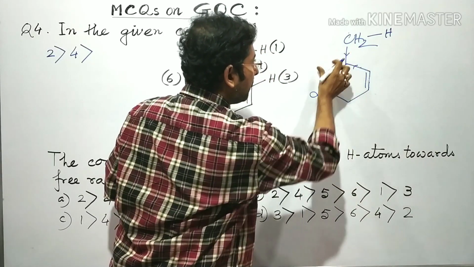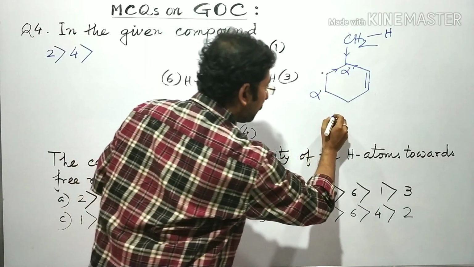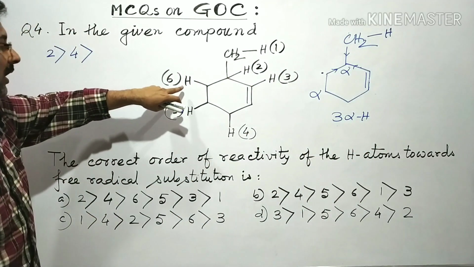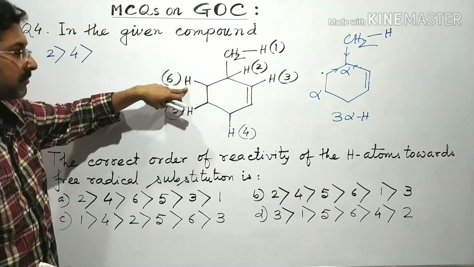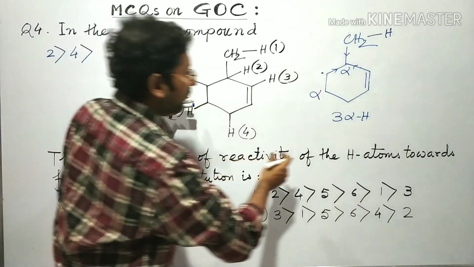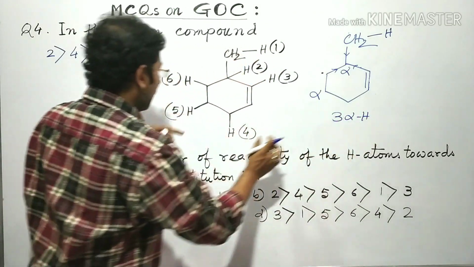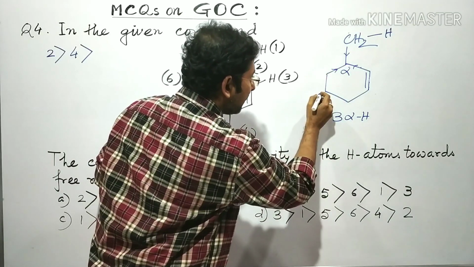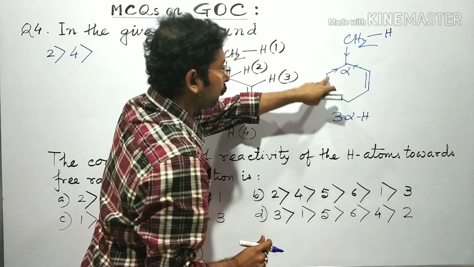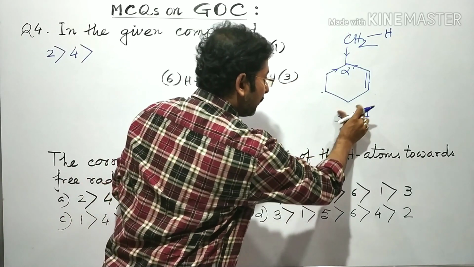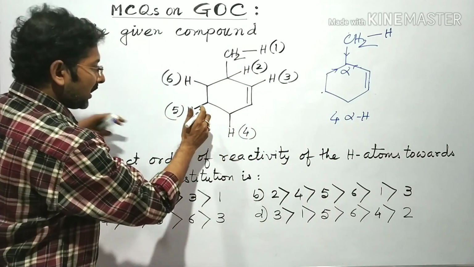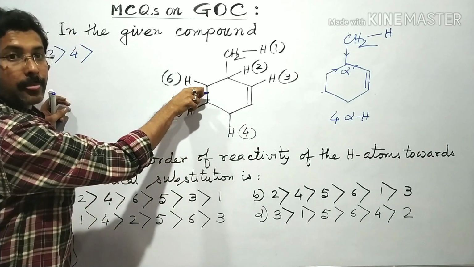So there will be 3 alpha hydrogens with respect to the hydrogen assigned as number 6. And if free radical is formed here, there will be 2 and 2, so there are 4 alpha hydrogens. So this free radical is more stable than this one.